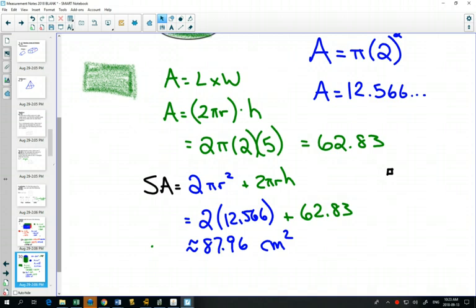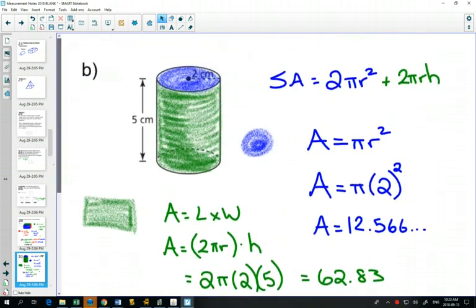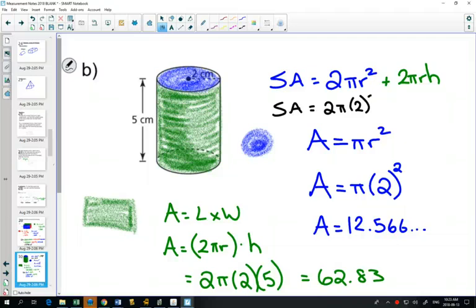The other thing I want to show you with your calculator is we have the formula in its entirety here. And eventually, well, even right away, you're going to find life is really easy on your calculator because we can just plug things in right here. So I'd have 2 times pi, r is 2 squared, plus 2 times pi, r is 2, h is 5.